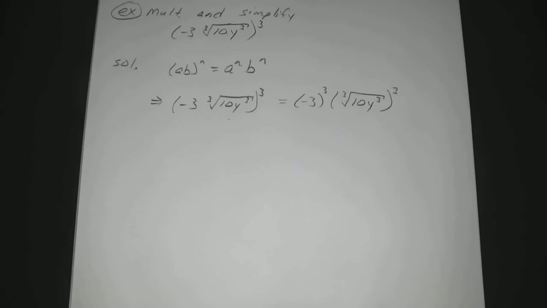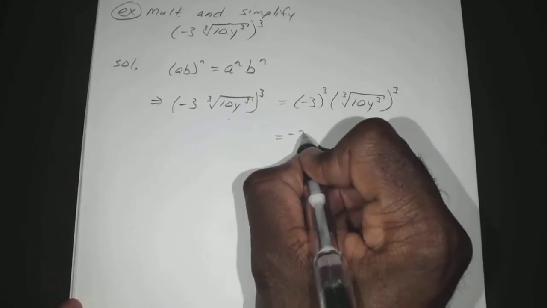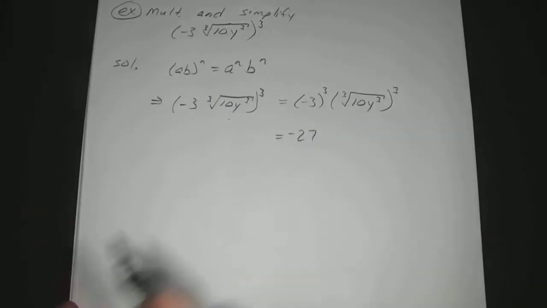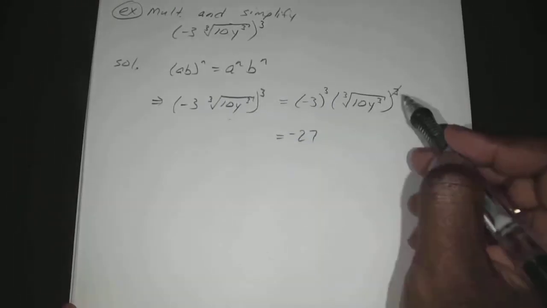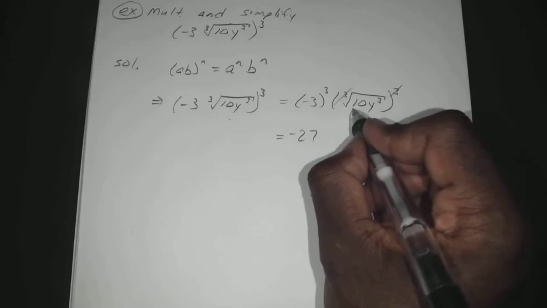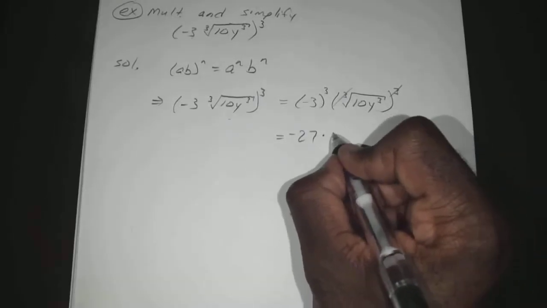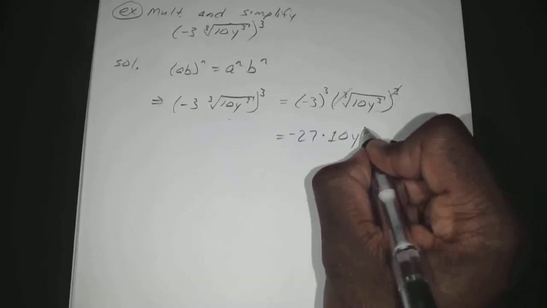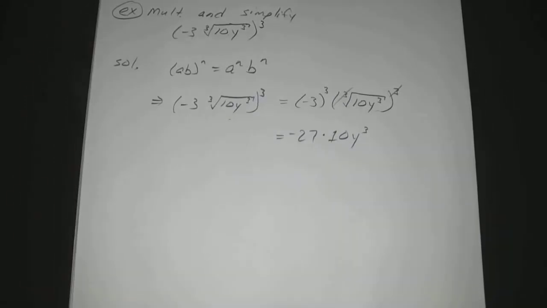We know negative 3 times negative 3 times negative 3 is negative 27. And for this one, we can see that our exponent and our index are the same, so those two cancel out. That just leaves whatever's under here, 10y to the third power.